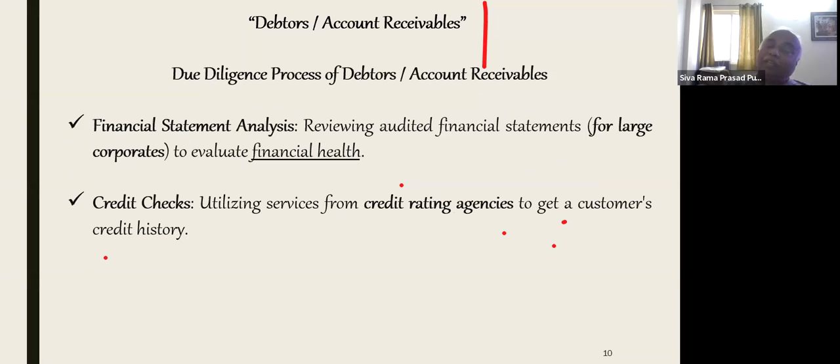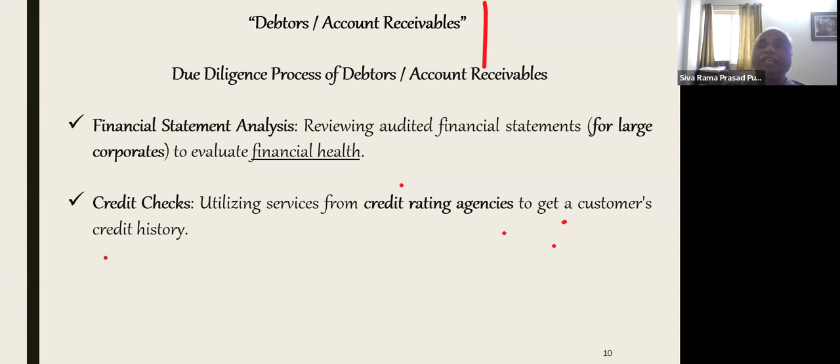Whenever companies are giving credit to other companies for goods supplied or services, not only goods, services also, the seller company, that is the corporate debtor in our case, will first ask the buyers for their financial statements.